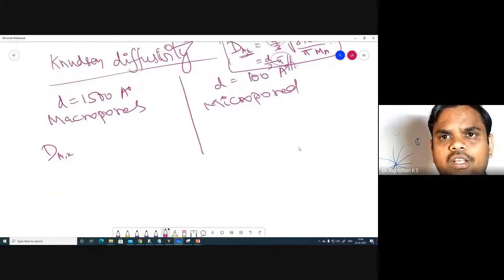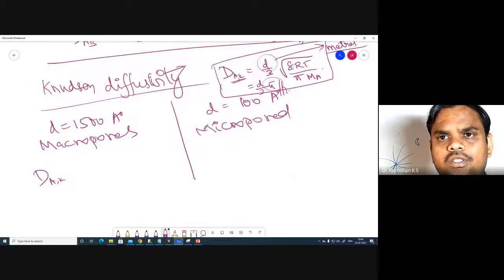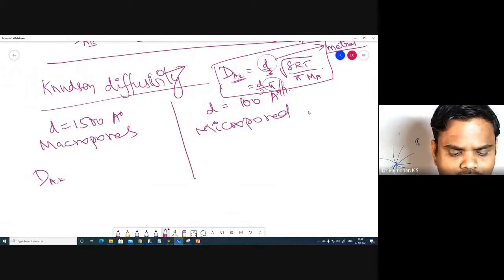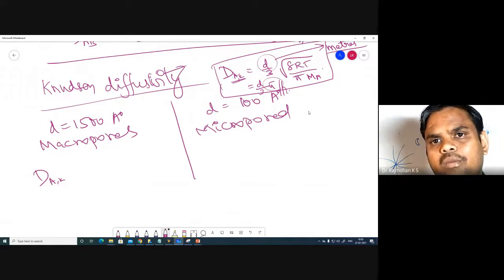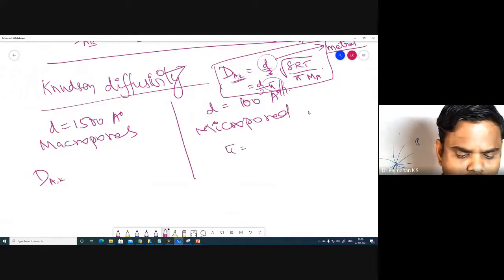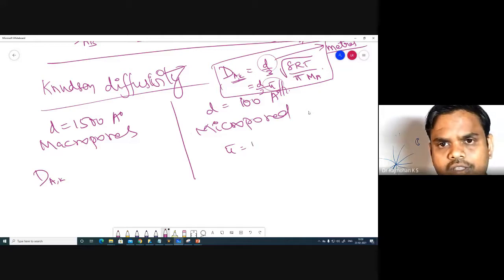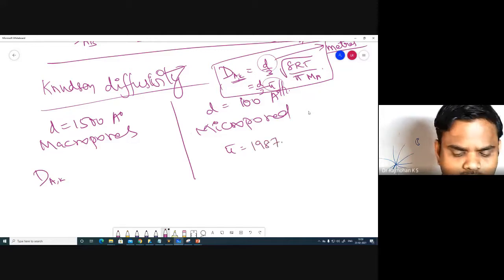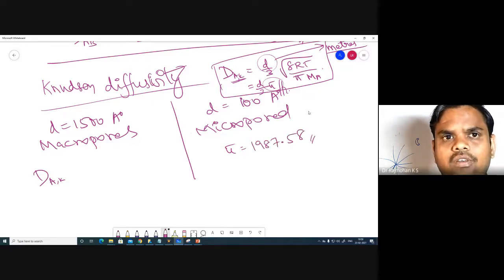So for both the diameters we have to substitute. This U bar value we have already determined. So we have already determined the U bar value equal to 1987.58.